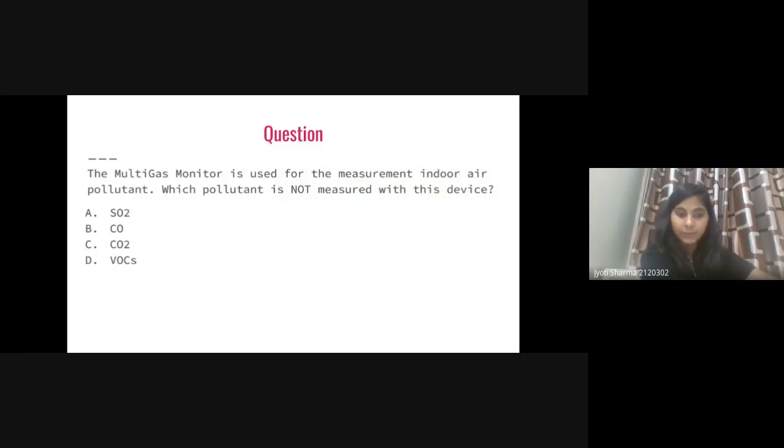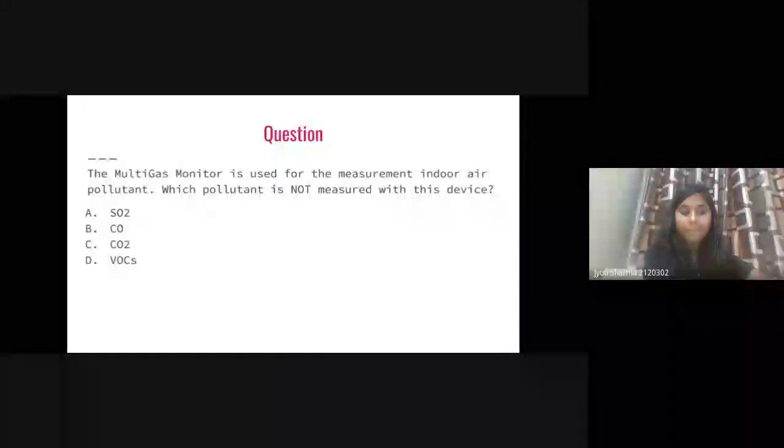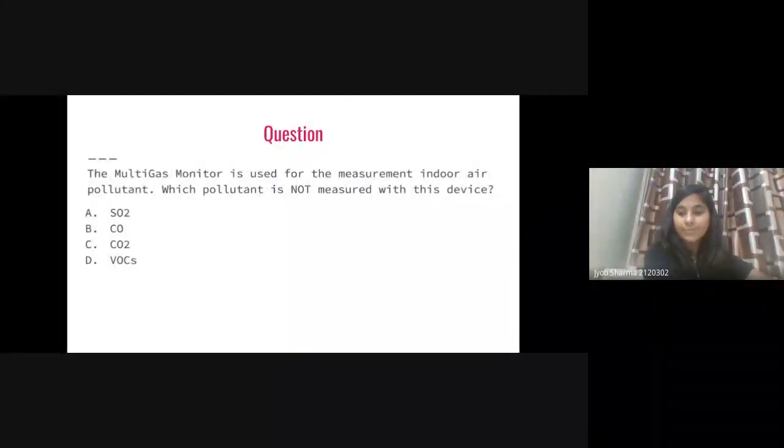Rashmi A, Abdul B. I will go with the majority, I think. Rashmi, what should be the answer?